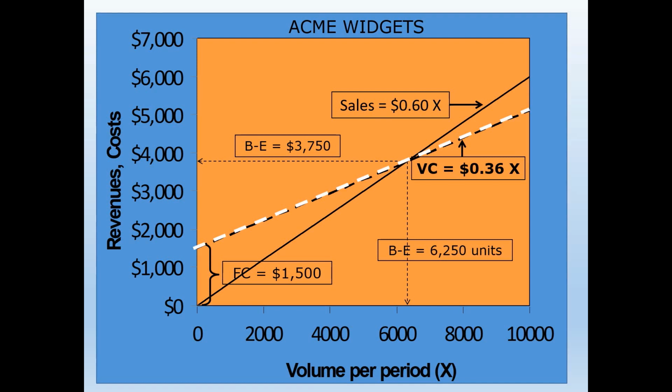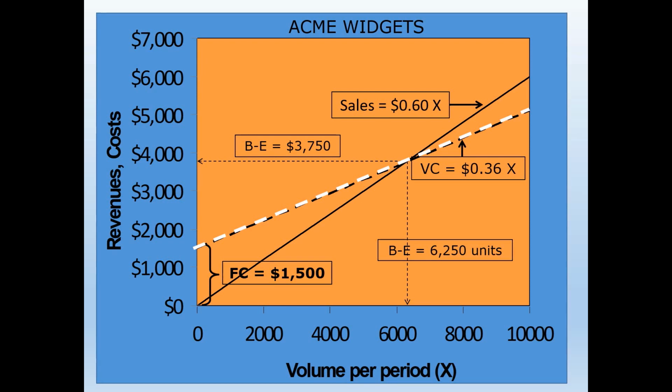The dashed white line indicates total costs. Those costs are mixed. Some components are fixed and some components are variable. The fixed component determines how high up on the y-axis the line starts.